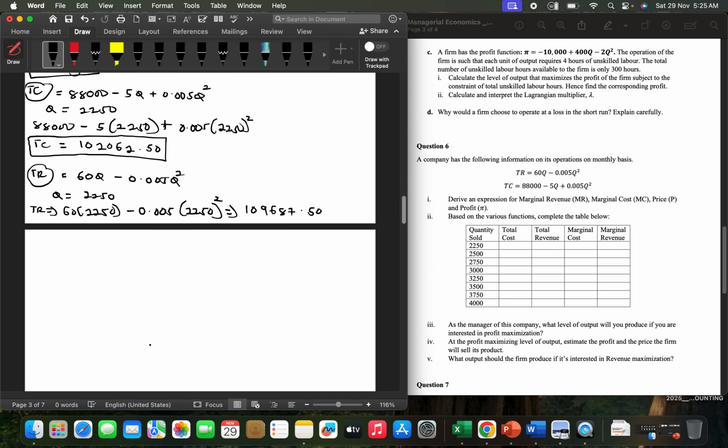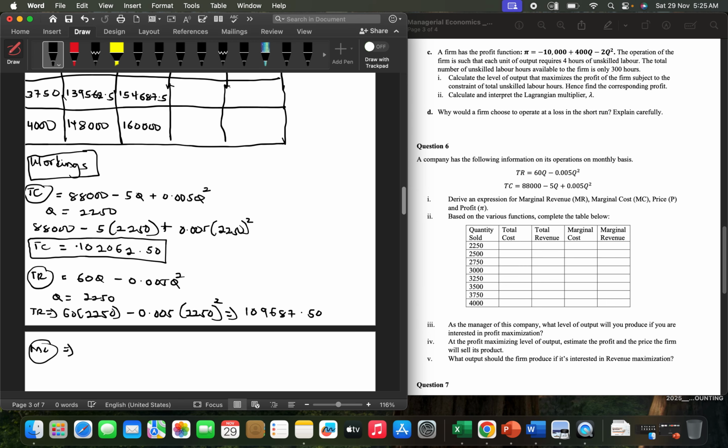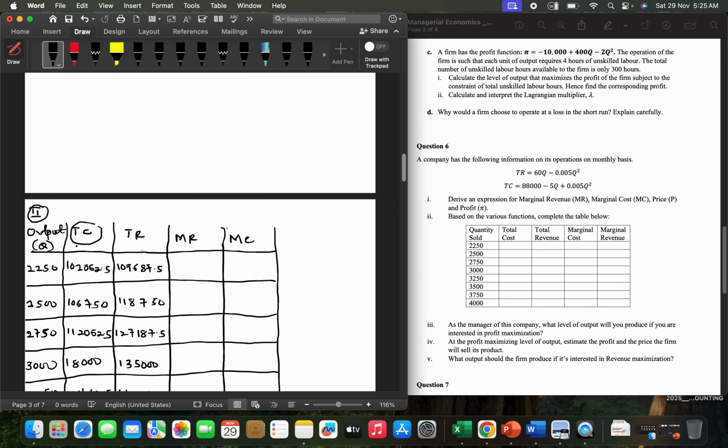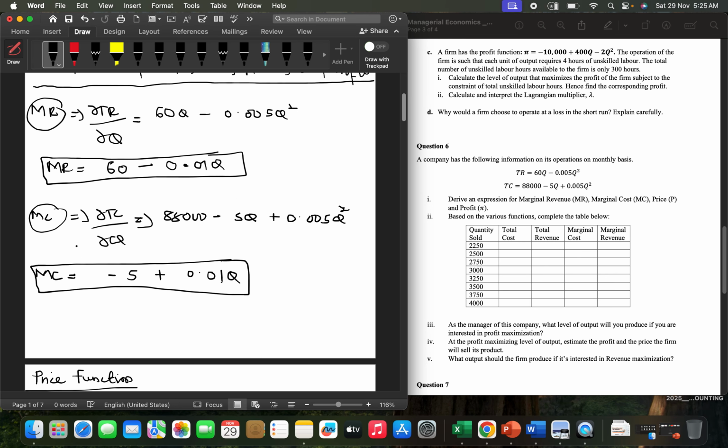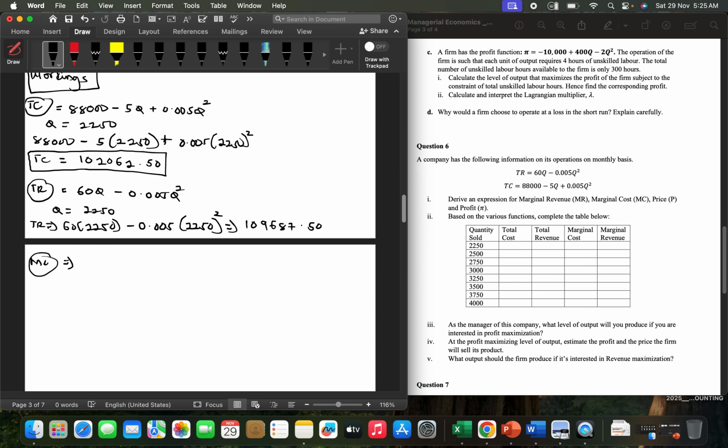The next column we have to do is the marginal cost column. After we found the derivative of total cost with respect to Q, this was our marginal cost function: minus 5 plus 0.01Q.